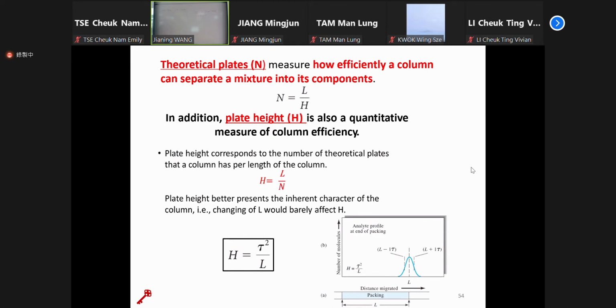We use one standard deviation of the peak, and we define this width as the space occupied by one analyte inside the column. So now, based on this definition, we can define the plate height.